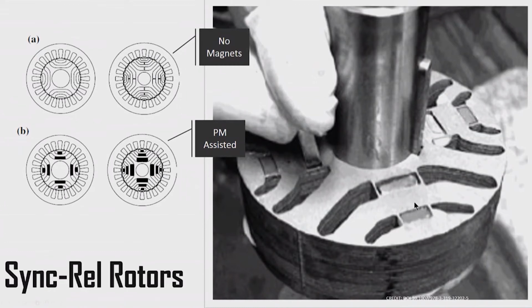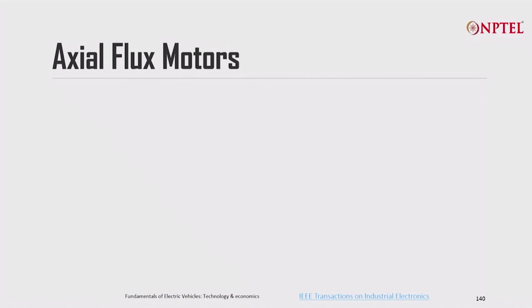This is the D axis, this is the Q axis, and as you can see, the reluctance in this path is very high, full of air pockets and magnets, and the reluctance in this path is very low because it is fully steel, and the difference between reluctance is what causes the reluctance torque.